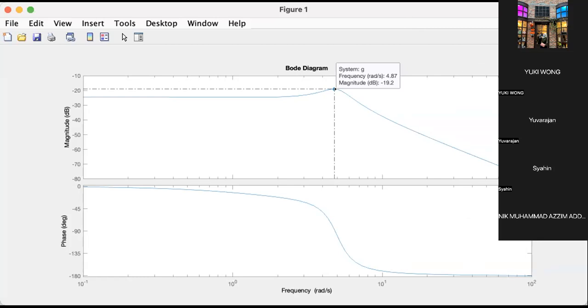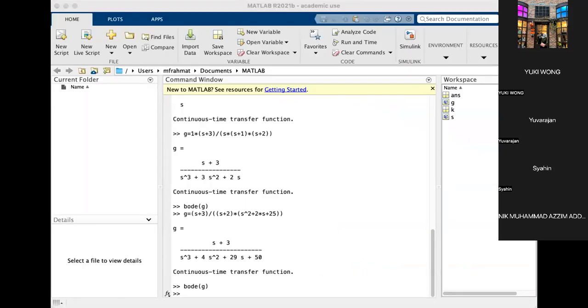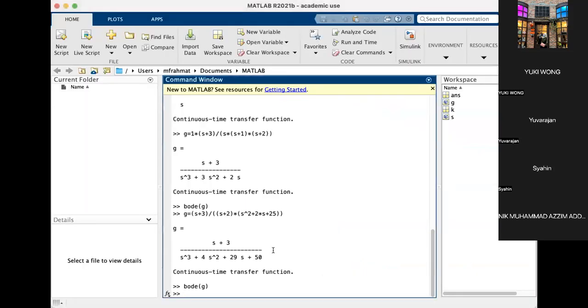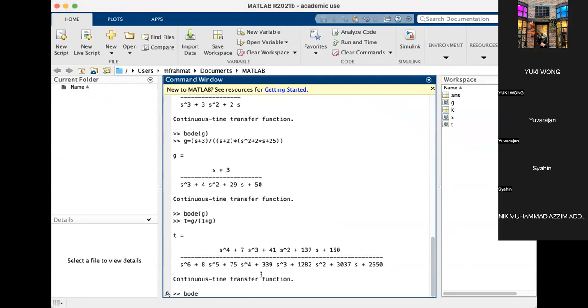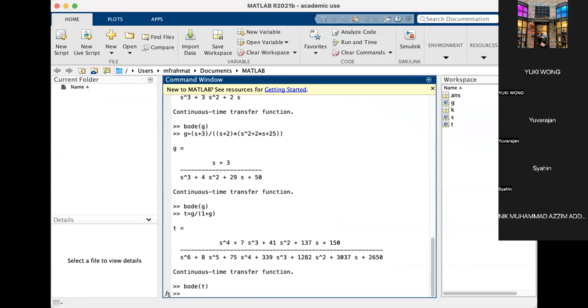There is another one, we call it a closed loop Bode plot. So for closed loop, you just apply a feedback lah. So let's say T is the closed loop, so it's equal to G divided by 1 plus G. So you get the closed loop, okay? And then Bode T. So both plots: one is open loop, one is closed loop. So for closed loop, I share with you the plot.